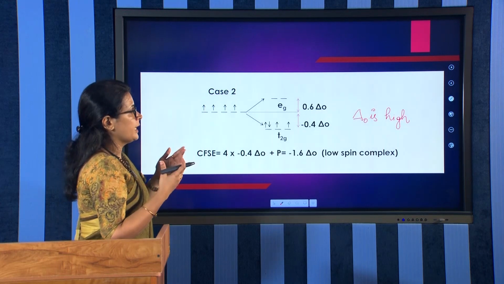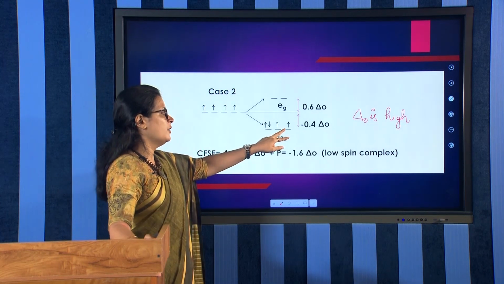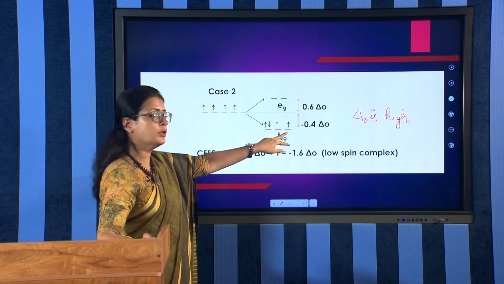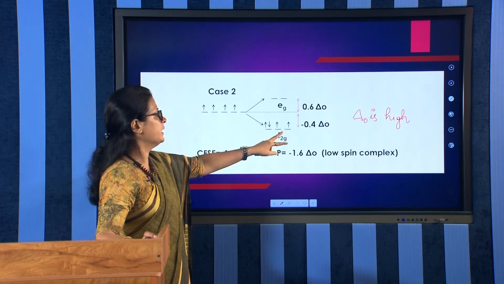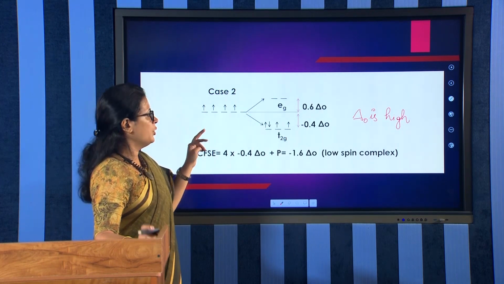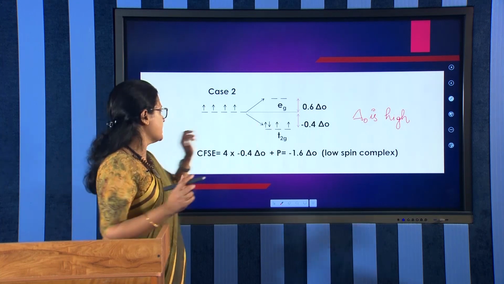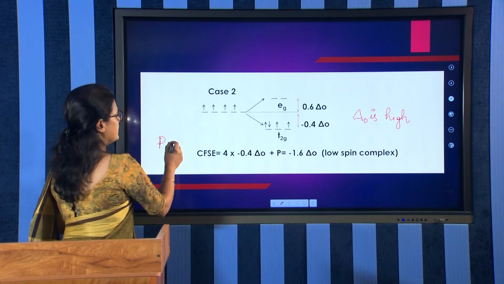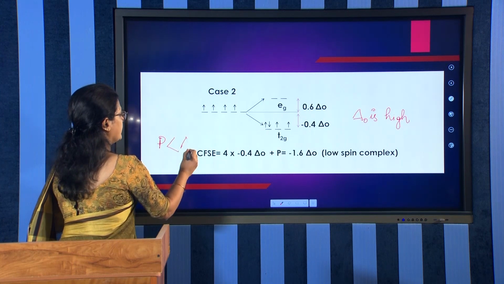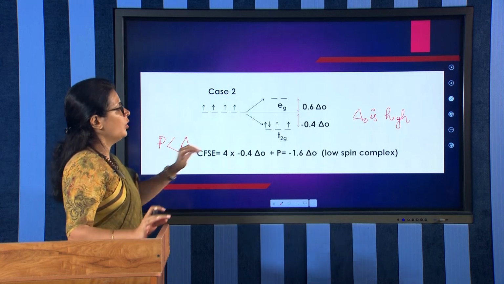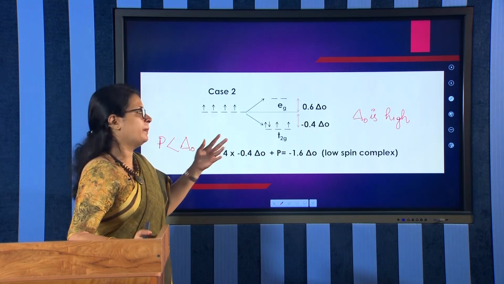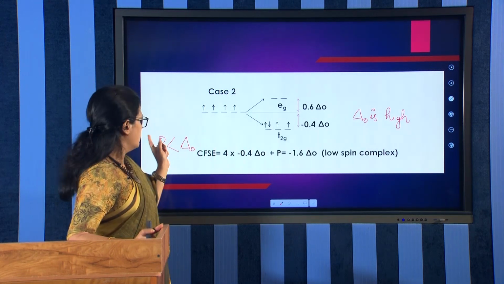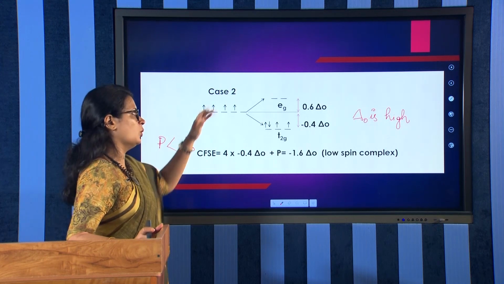Since splitting is greater, it will be very difficult for the fourth electron to go there. Instead, it will be paired, or you can say that pairing energy, which I can write as P, is less than delta O, or it is easier to pair an electron.